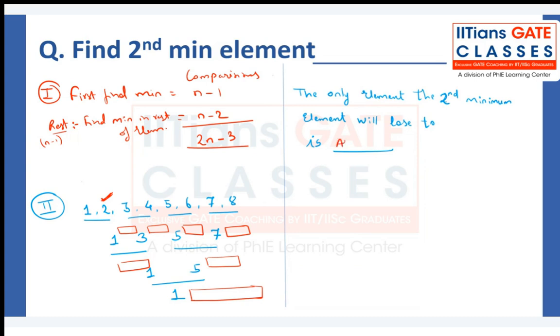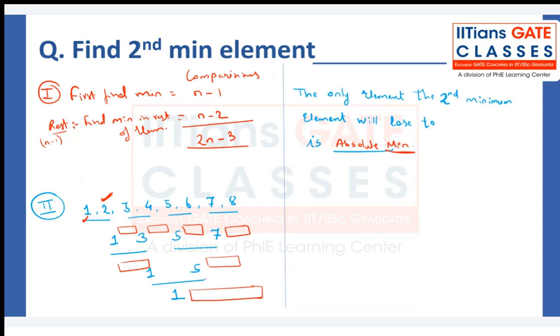What is one here? It's our absolute minimum, right? It's the least element. Only this is the player that can defeat our second minimum element. So can we not say that after the tournament concludes, there is a 100% guarantee that our second minimum element would have played a match with the number one element, the least element?